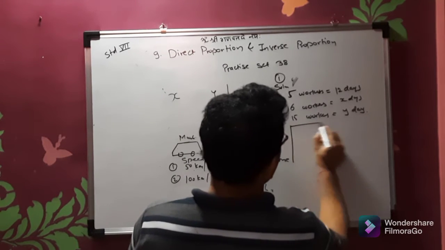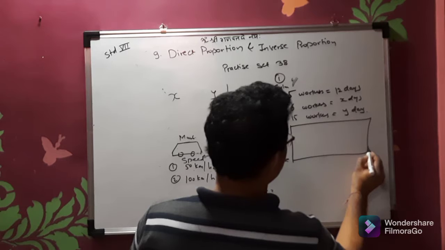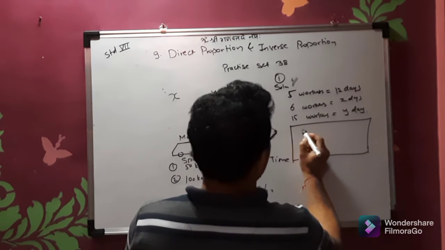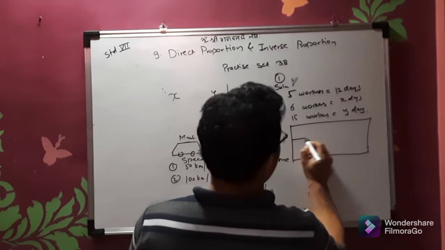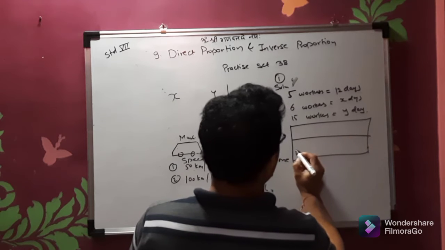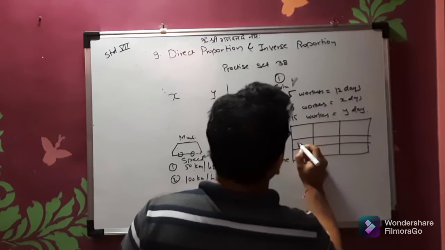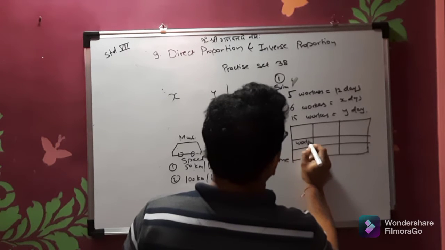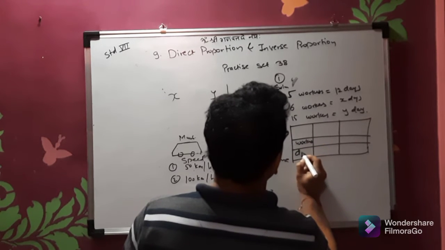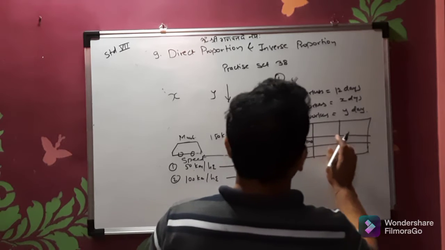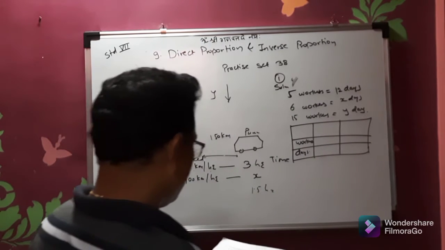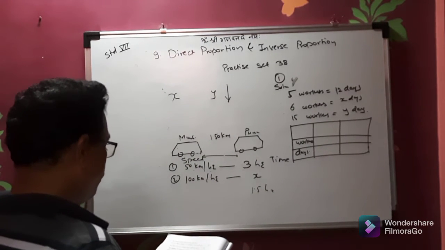So this is the table. First of all you have to write, here you will write workers, here you will write days. Now what is the common purpose for what they are doing? To weed a field.